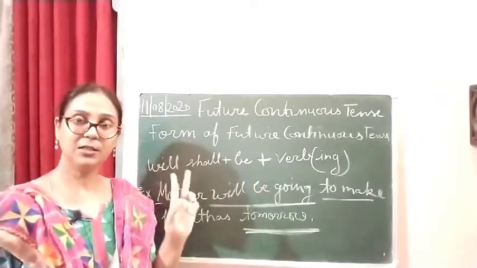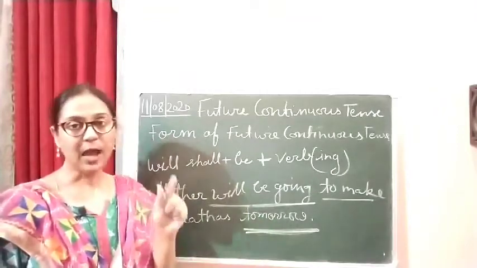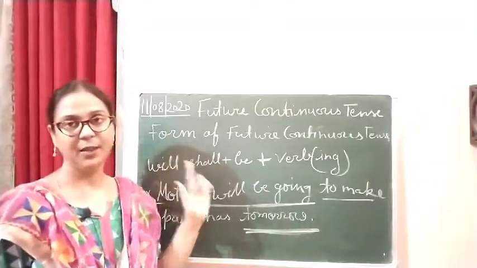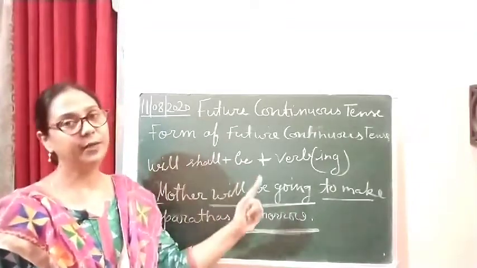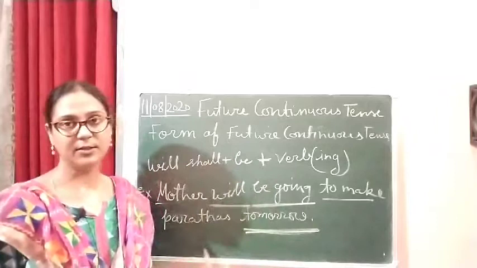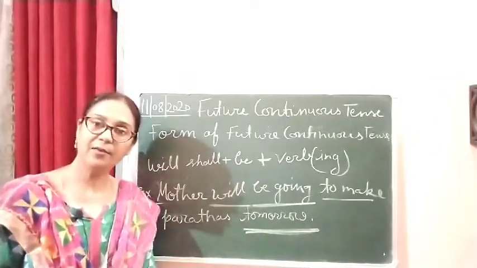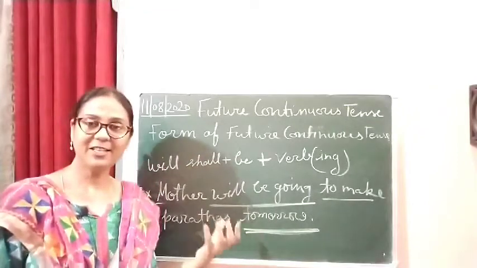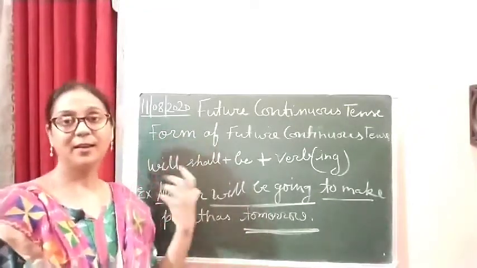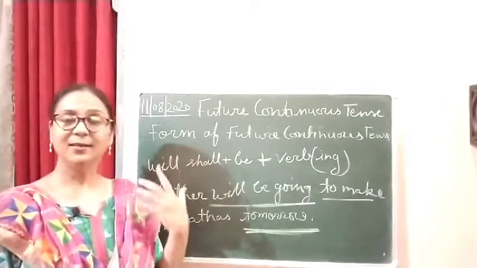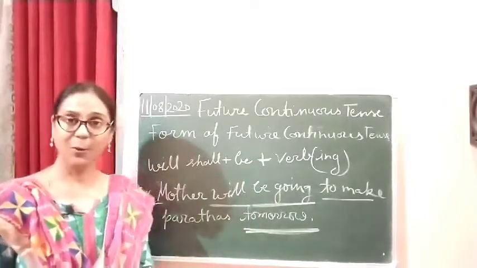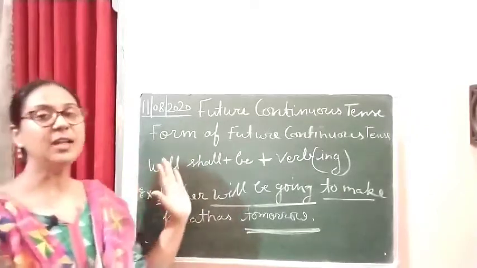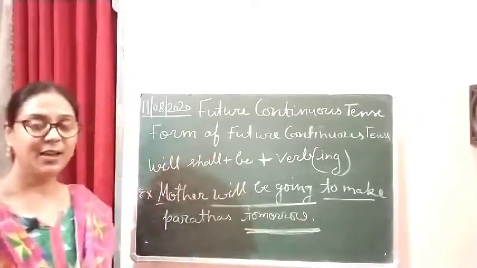First of all, we just remember this: we have to use will and shall, then be will always be there, and then verb with ing because this is continuous tense. Writing, roaring, jumping, these types of words we are going to use in the continuous tense with will be and shall be.